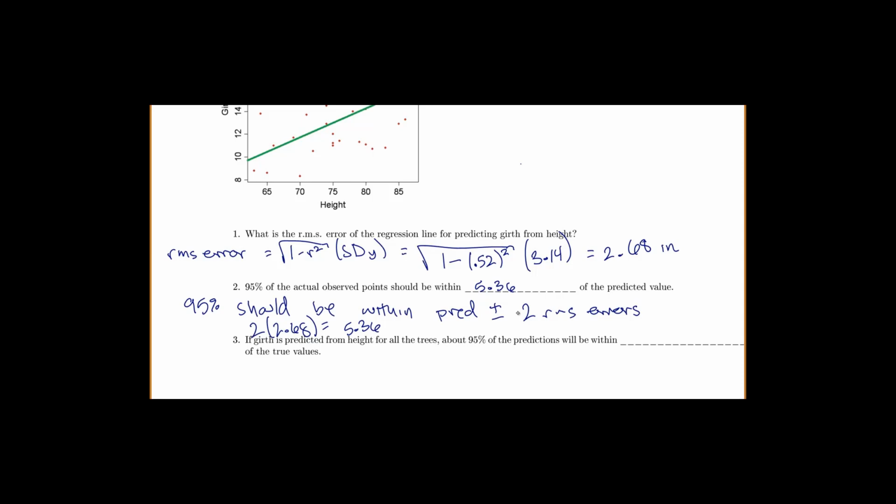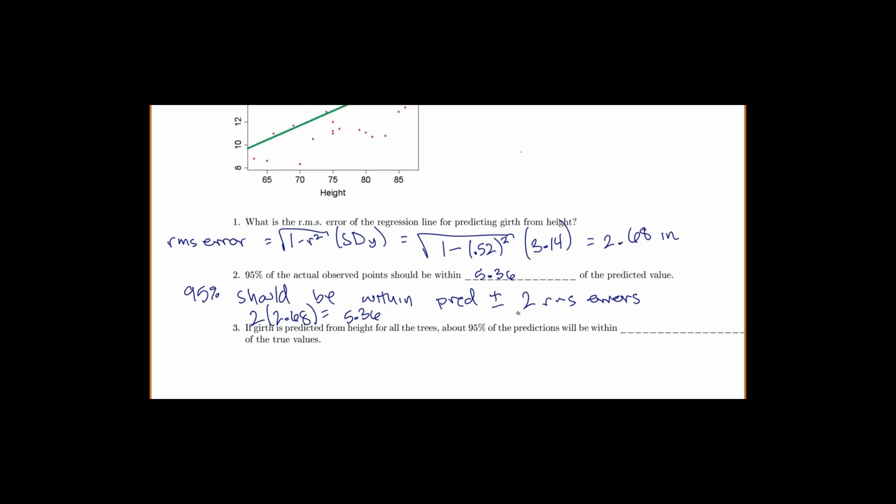And number 3, if girth is predicted from the height for all the trees, about 95% of our predictions will be within what of our true values? And that's just asking the exact same thing, although it is worded slightly differently. In number 2, we said 95% of our actual observed points should be within 5.36 of our predicted value, which means that you can switch it around.